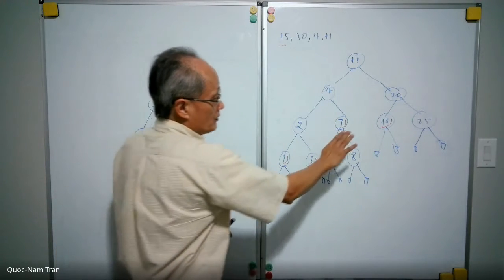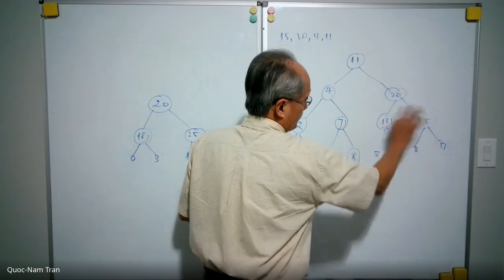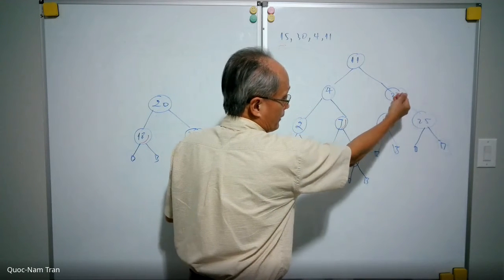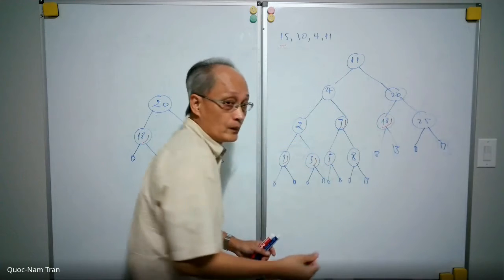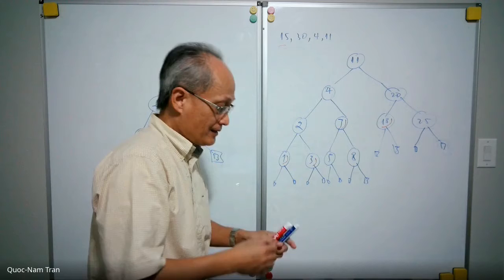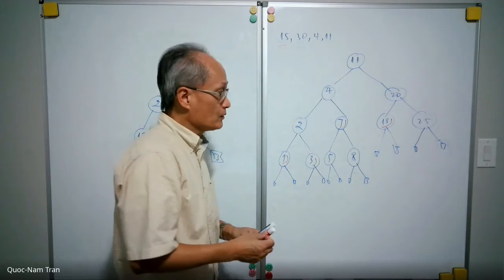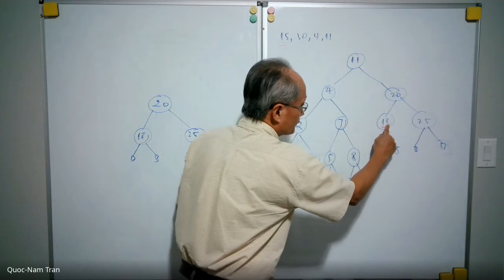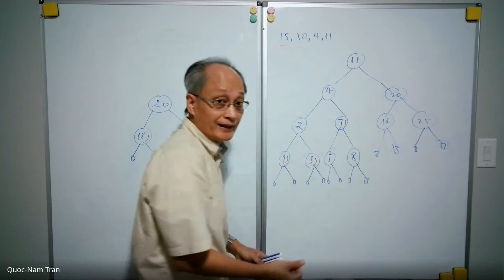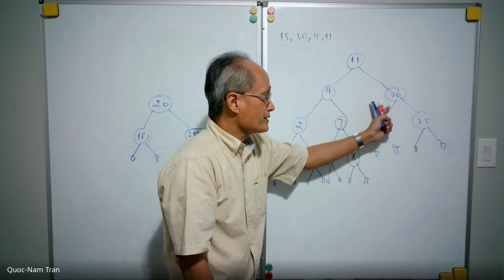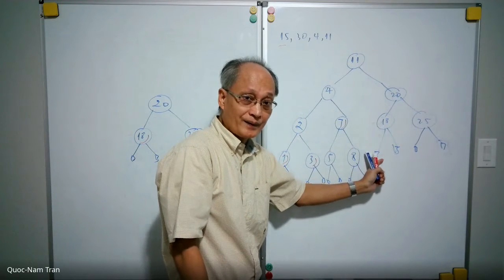But when we bring one black node on the right-hand side, then the branches on the left-hand side will have one less black. We can correct that situation if we change this color from red to black, meaning that we add one more black for every branch on the left-hand side.